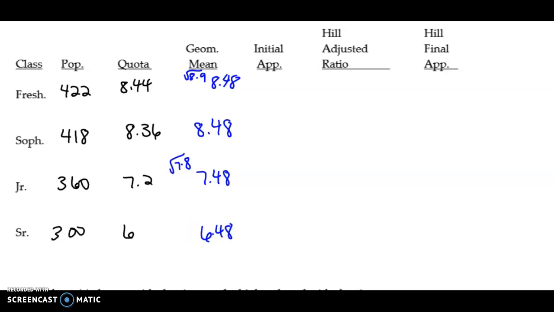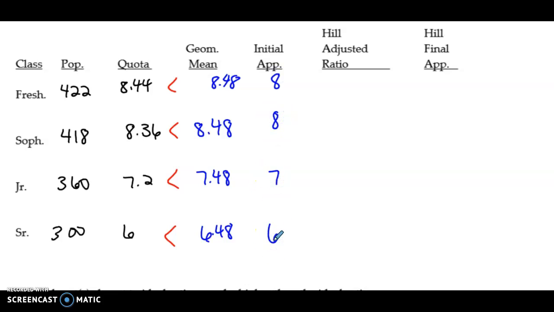So then go ahead and compare each of those to the quota. Again, the quota needs to be greater than those in order to add an initial apportionment seat to each grade. So 8.44 was less, 8.36 was less, 7.2 is less, 6 is less. So nobody gets an extra vote or an extra seat. So we're going to keep them at those whole numbers.